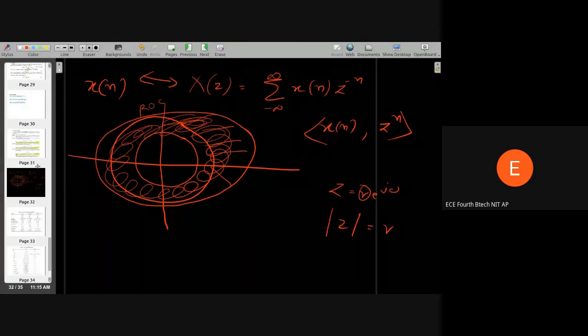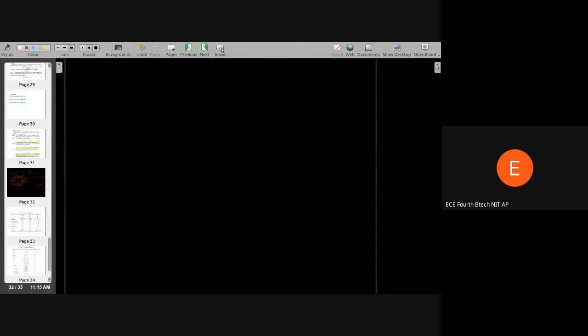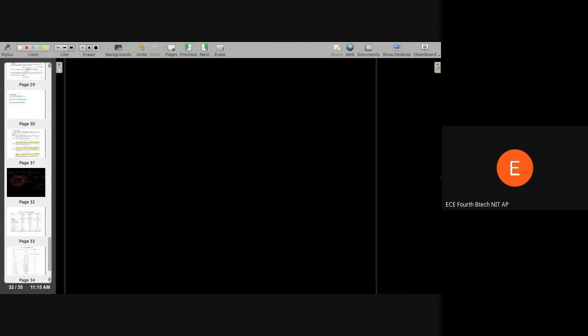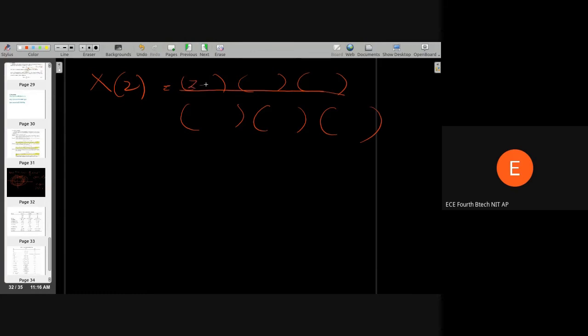So let's say you have x of z. You can represent it in a rational form of factors, some z minus z1, z minus z2, z minus z3, z minus z4, z minus z5, z minus z6, something like that.